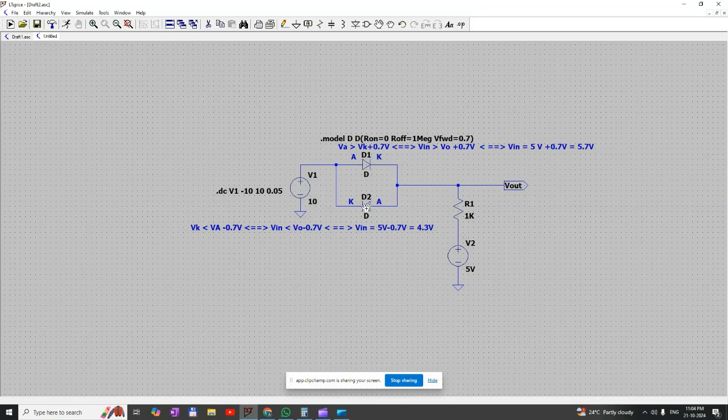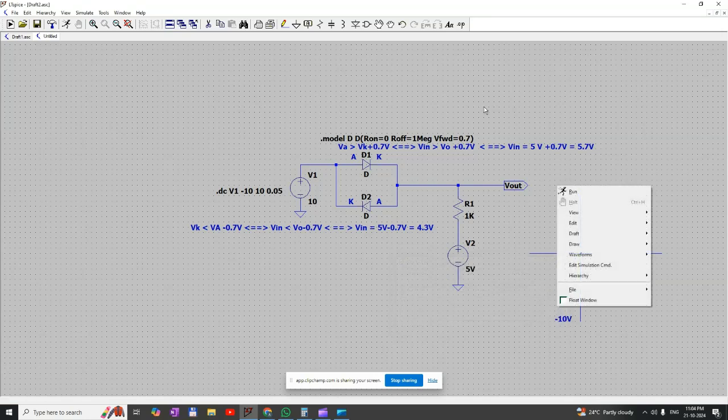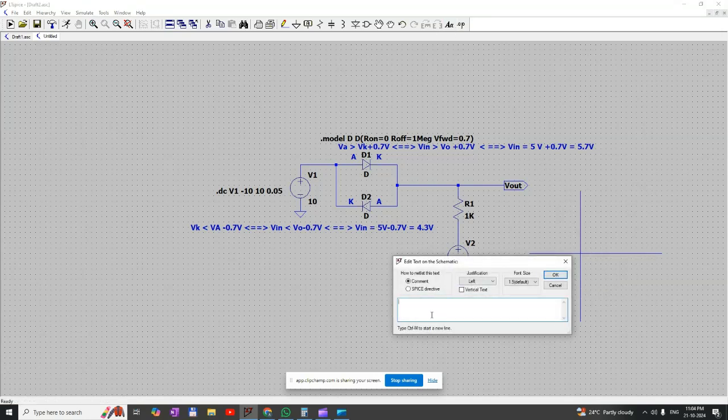Then only this D2 is going to conduct. So this is a theoretical explanation. Here we are going to apply minus 10 volt to plus 10 volt.